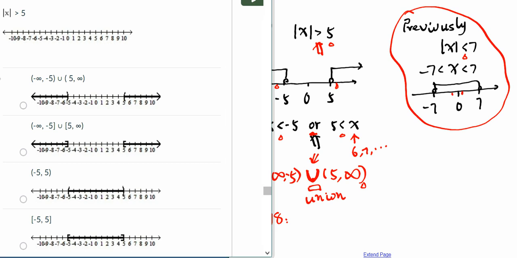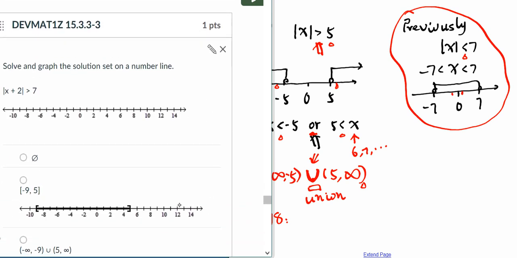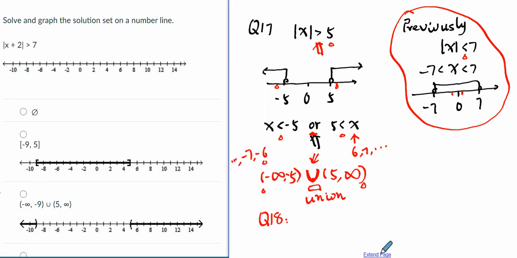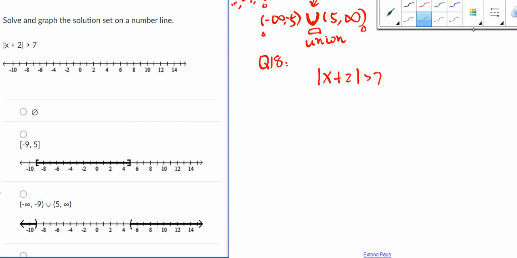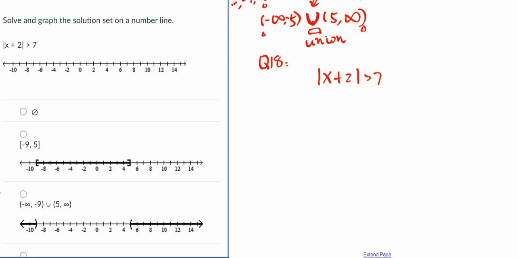Okay, now we do the second one. The second one would be our 18 now. So when you see absolute value of x plus 2 greater than 7, you want to convert that into two inequalities.